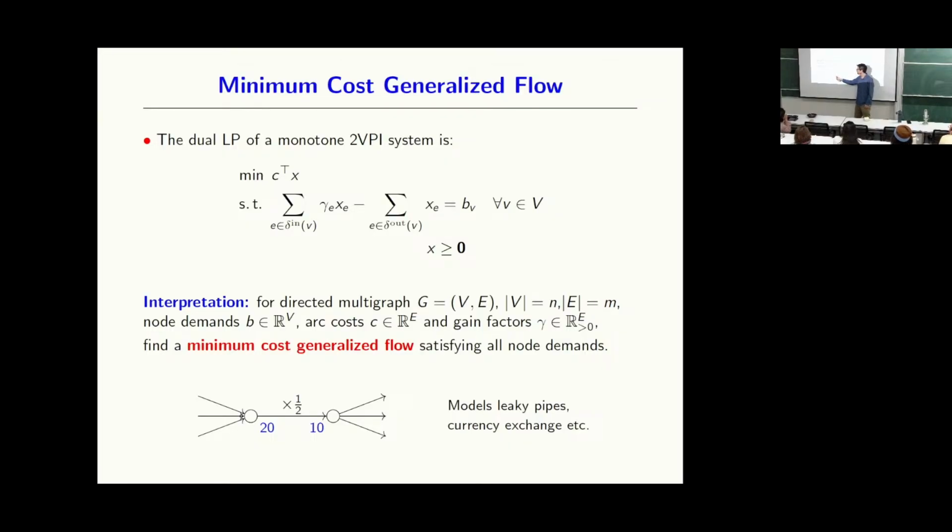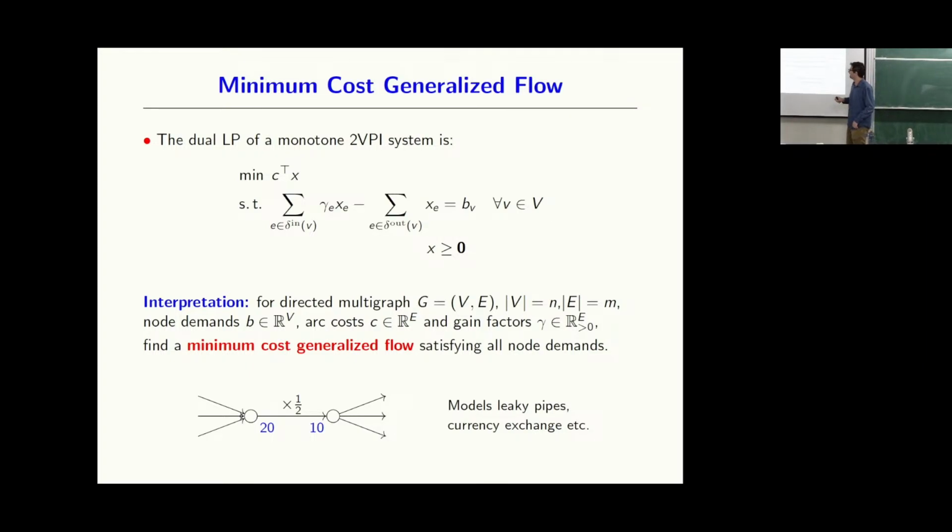In the generalized flow context, every arc has this gain factor gamma. In this case, it's 1/2, which says that if I send 20 units out at the beginning of the arc, only half of that amount arrives to the other side. So the other half, I don't know, falls out of the network perhaps. But these gains can also be bigger than 1. So twice the amount of flow could arrive on the other side. But other than these arc-specific gain factors, it is exactly a flow problem.